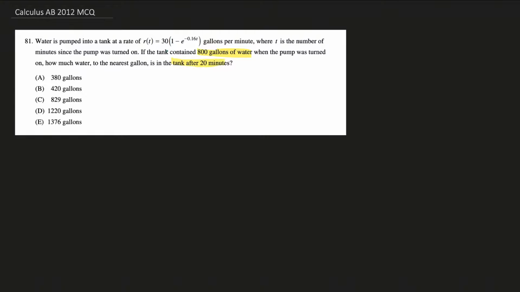So for this one, you're basically going to have to say water in tank is equal to initial amount plus amount pumped in 20 minutes.